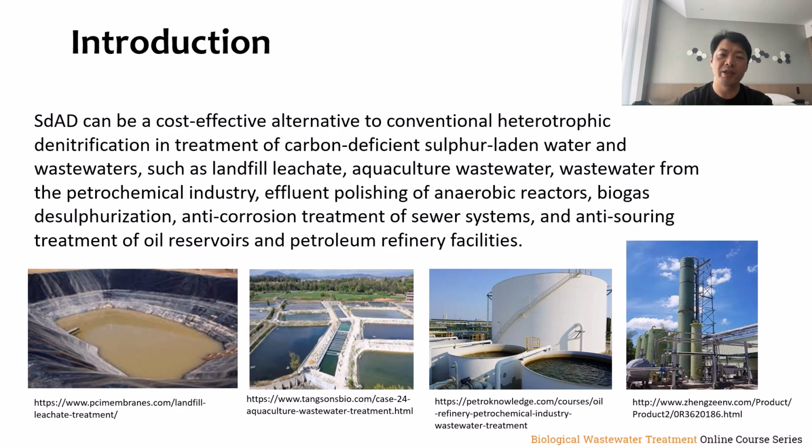Sulfur denitrification not only aids in desulfurization, but also in the simultaneous removal of nitrates. Moreover, sulfur denitrification can also play a critical role in preventing the corrosion commonly caused by sulfuric acids in sewer systems, extending the lifespan and reliability of civil infrastructure.